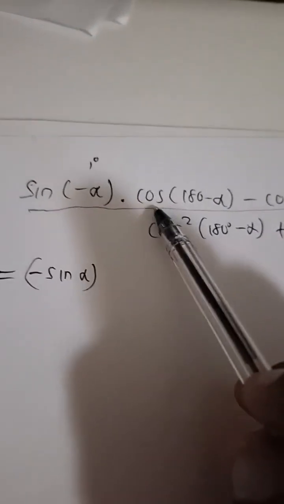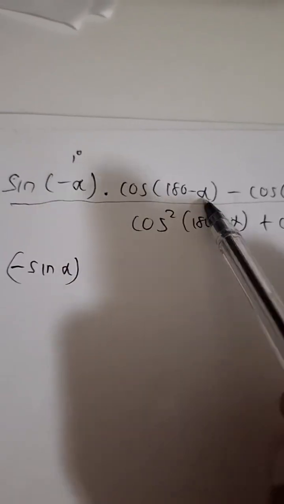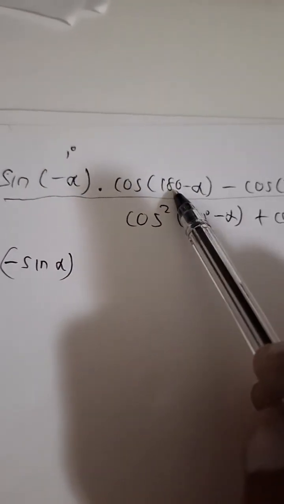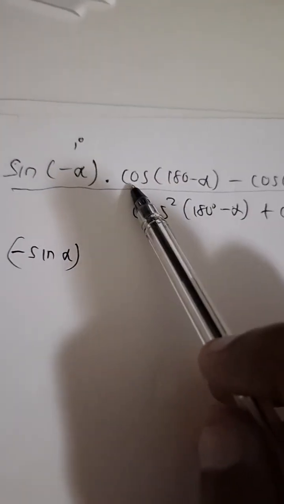Then you evaluate cos of 180 minus alpha. 180 minus alpha is in the second quadrant. How is cos? Cos is negative.